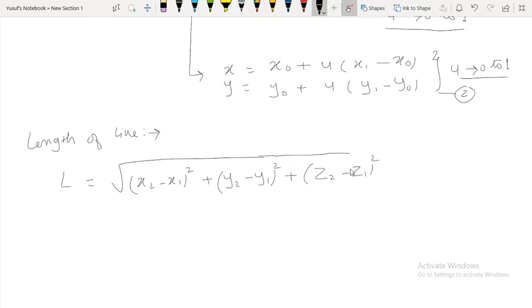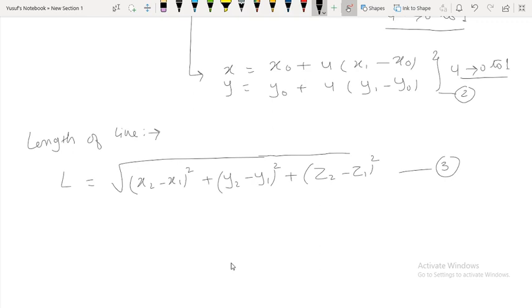If the z component is not there, you can make it 0. This is the second formula, equation number 3. By using this formula, you can find the length of the line using the extreme points, the start point and end point, with which we can draw the line.